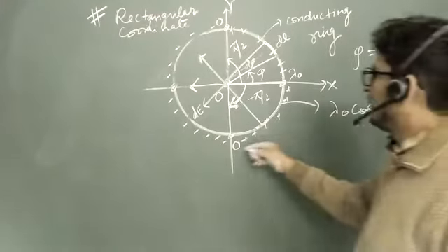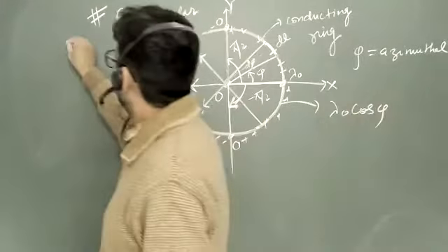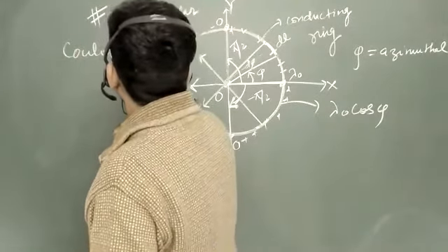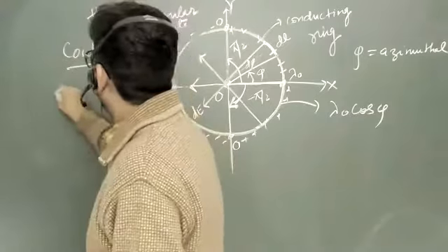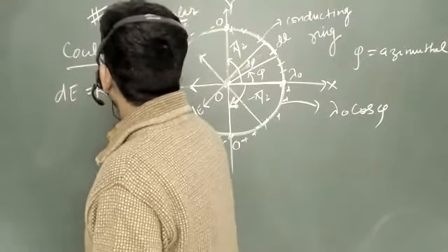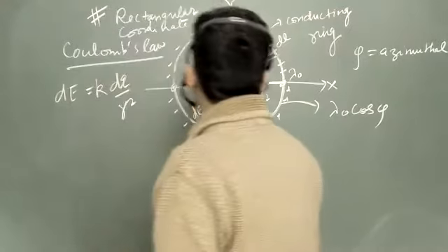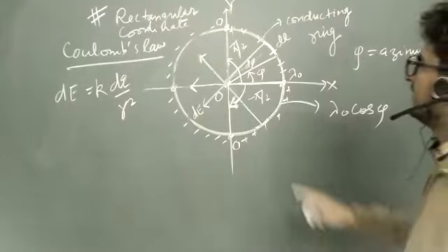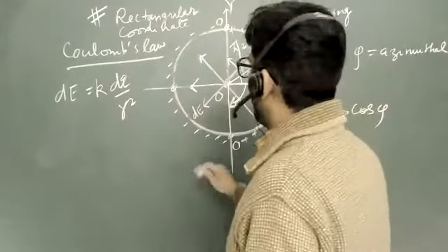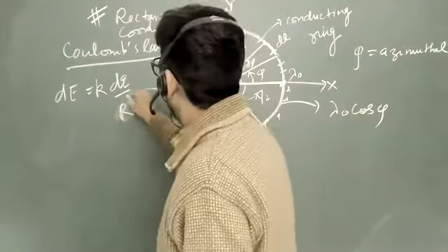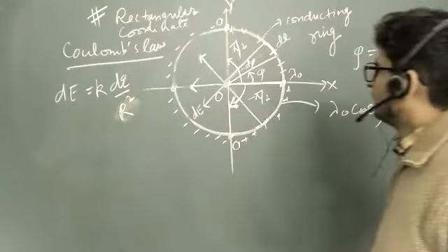So what is the value? Which law do we have to apply? Coulomb's law. What is the electric field because of Coulomb's law? k dq by r square. Correct? This distance is constant, that is some r. Let us put it as capital R, the radius of the ring.